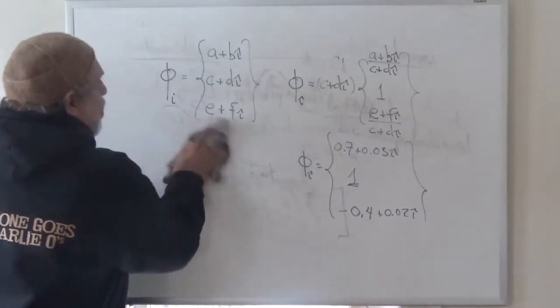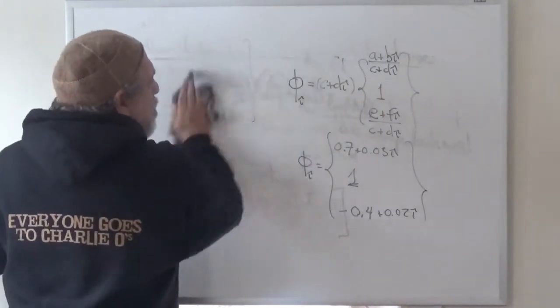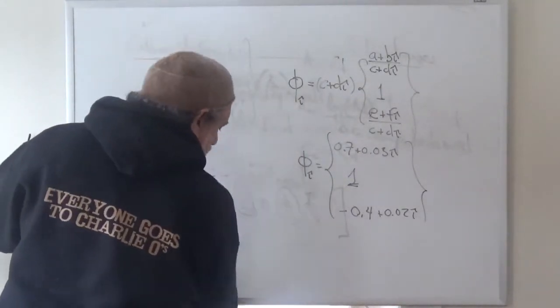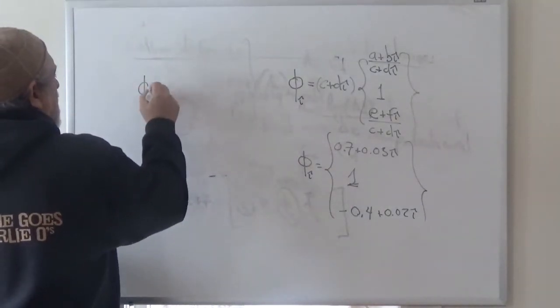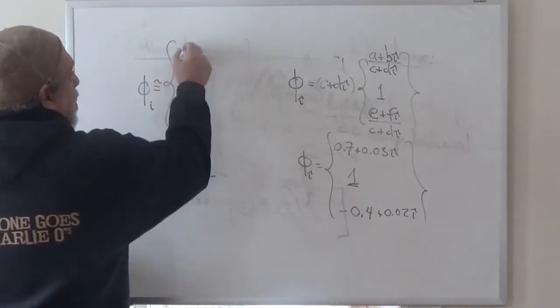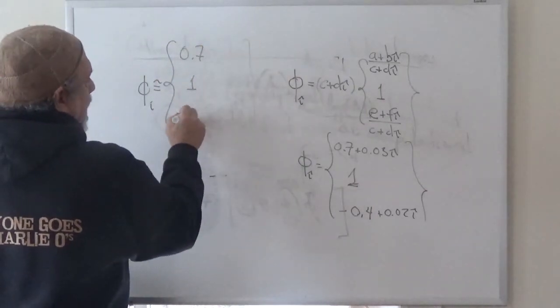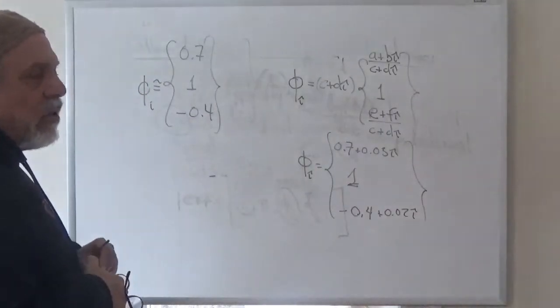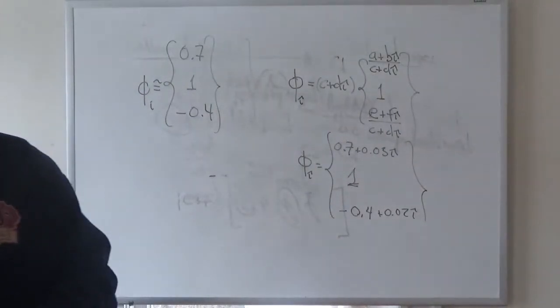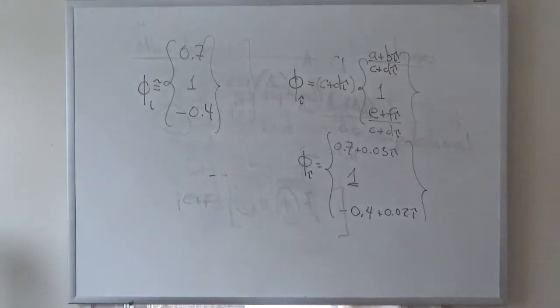So we don't have to worry about modal complexity. We just simply say our mode is 0.7, 1, and minus 0.4, which is the way that we would calculate modes when we only use K and M, because the modes of K and M, which are the undamped modes, are always real.